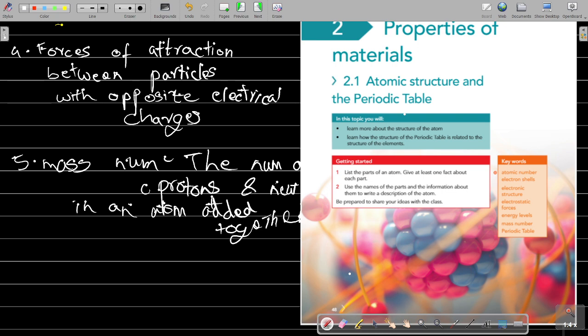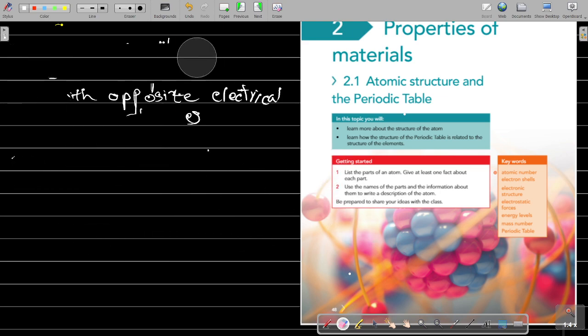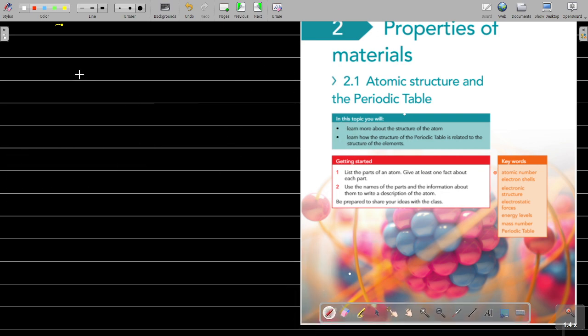Okay, the last one is periodic table. Everyone knows what a periodic table is, correct? But we need a proper definition of the sixth keyword, periodic table. What's the keyword? Sixth one, periodic table.